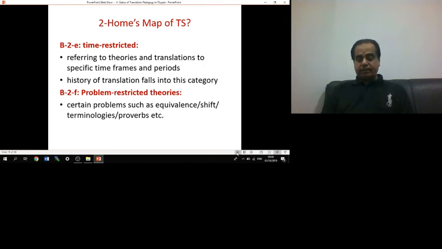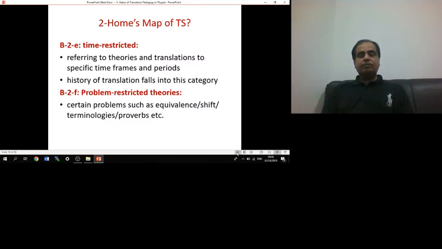Because we see that certain kinds of texts were translated in the Abbasid era in the Arab Muslim civilization. So the question is why it happened, how these books were translated, and what strategies were used for their translation. All the answers to these questions, or research in this direction, can be put in this category: time restricted translation theories.